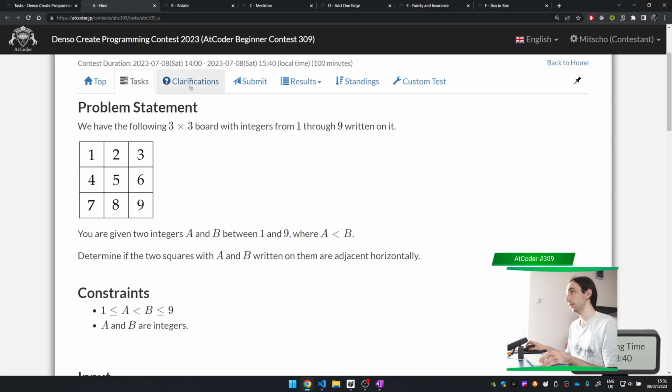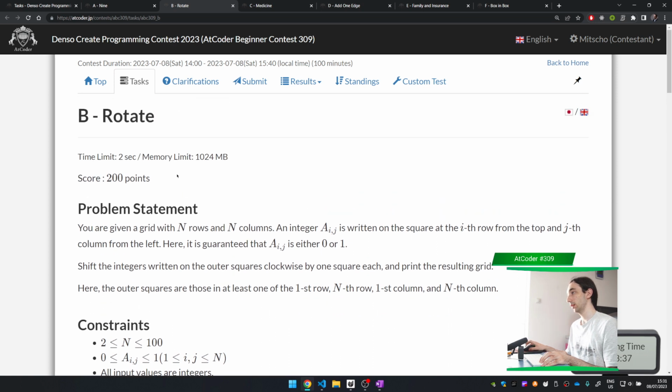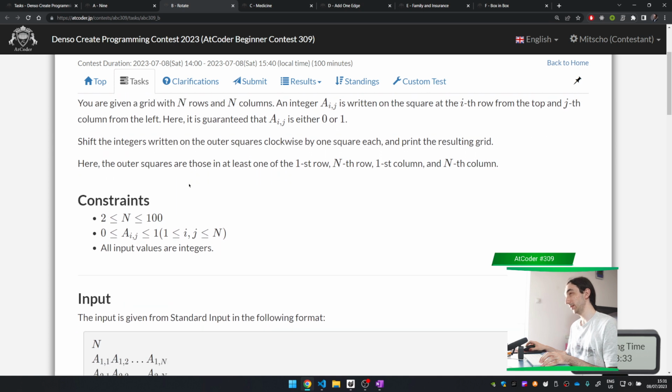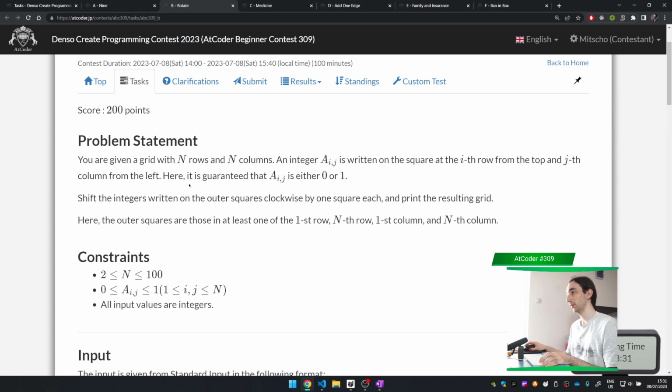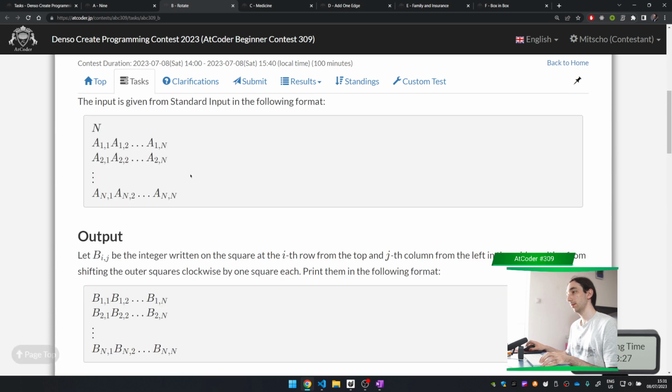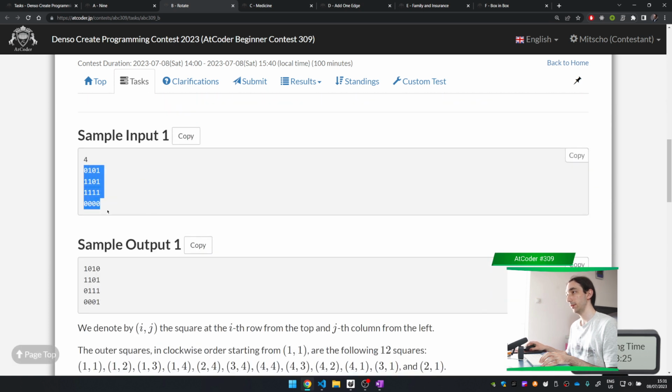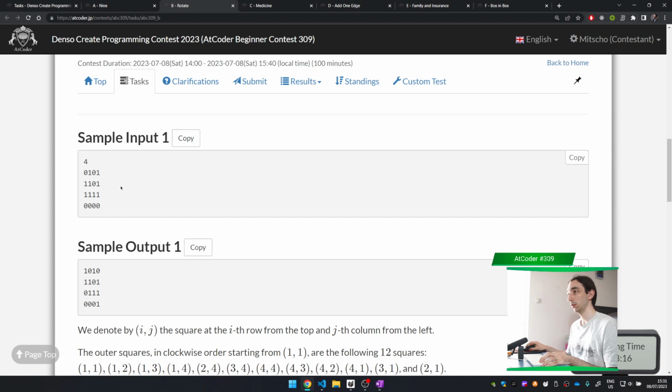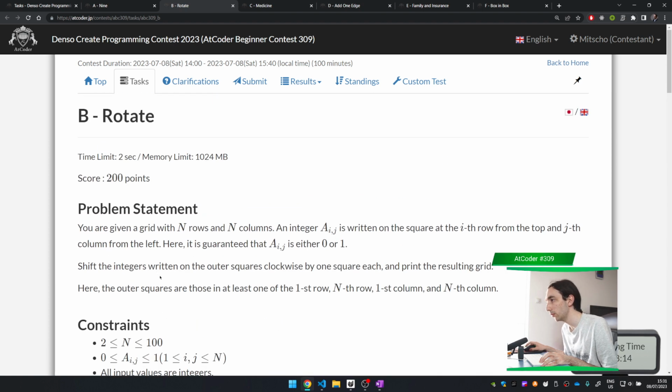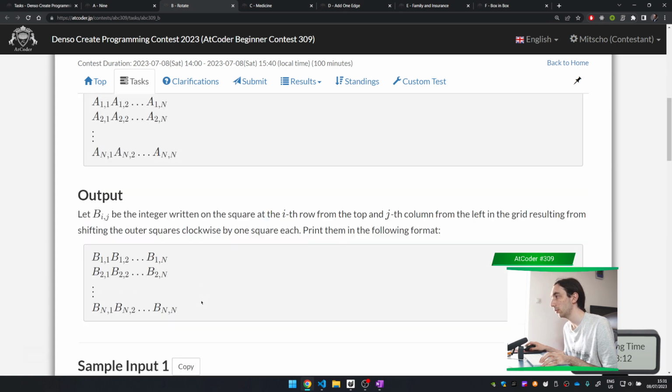For B, what I did is quite primitive, I would say, quite simple. I mean, maybe there are simpler solutions, but you were given this binary matrix and you needed to shift the rows which are on the border by 1 to the counterclockwise or clockwise position.